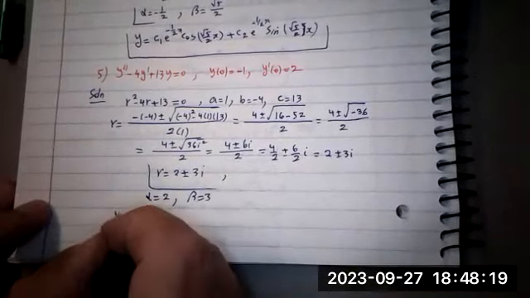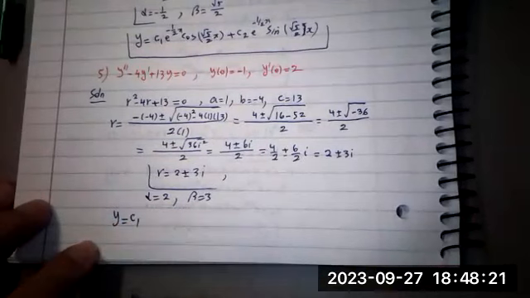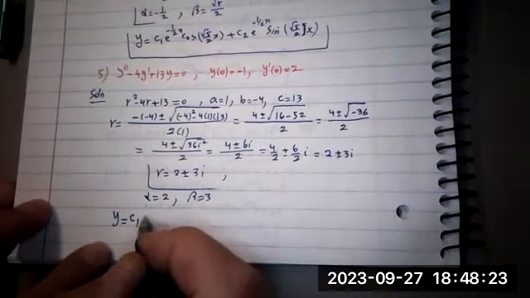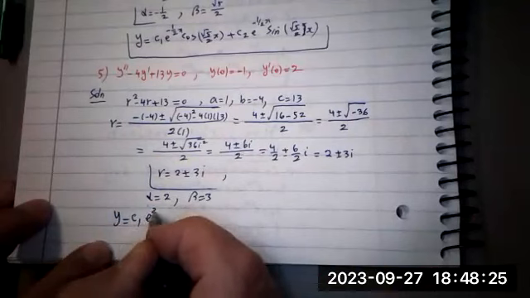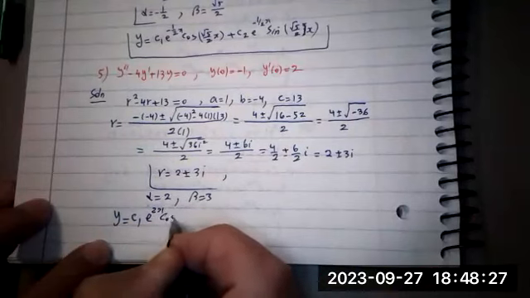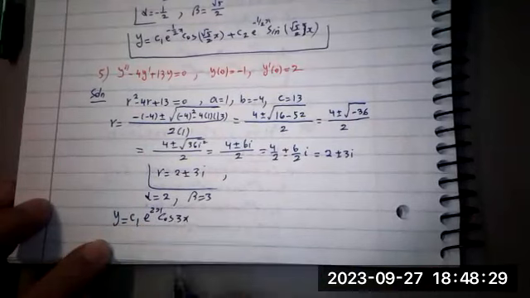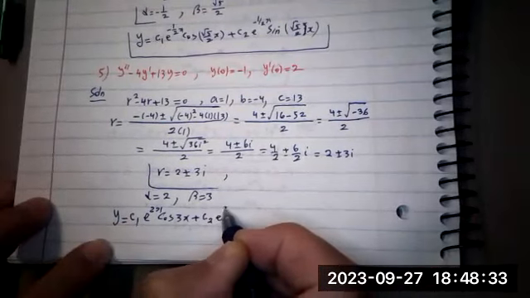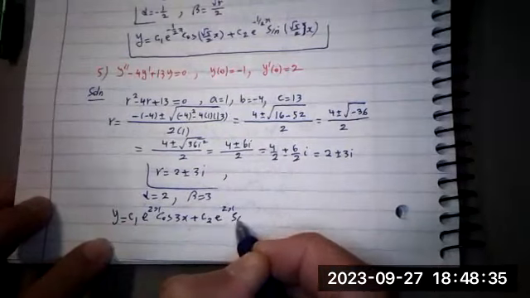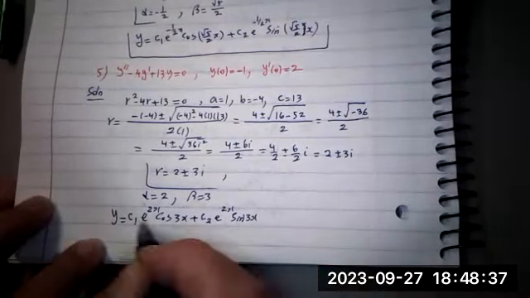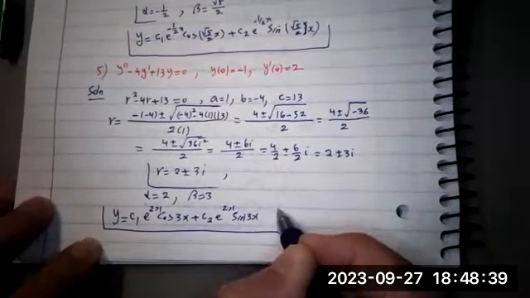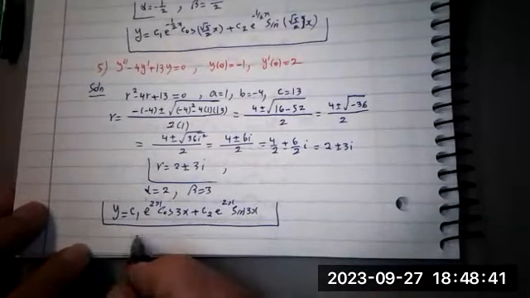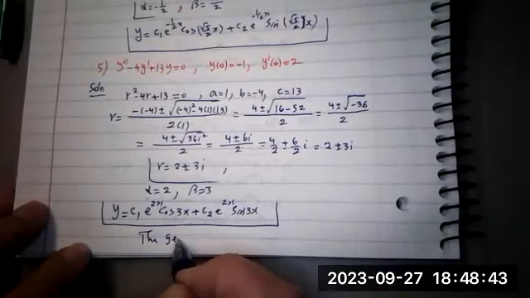So this is the general solution: y equals c1 e to the alpha x, e to the 2x, cosine of beta x, 3x, plus c2 e to the 2x sine of 3x. This is the general solution.